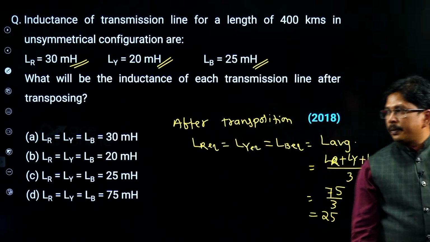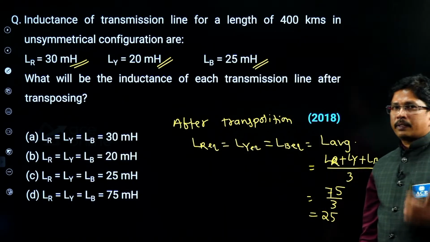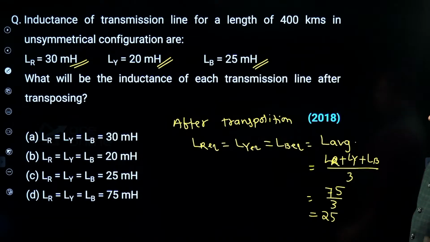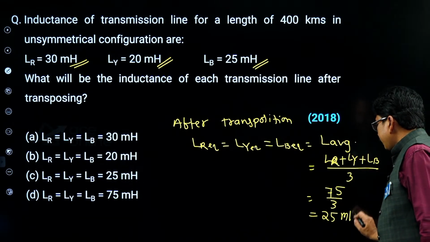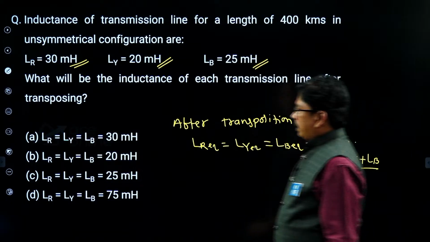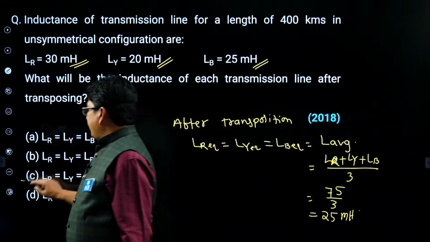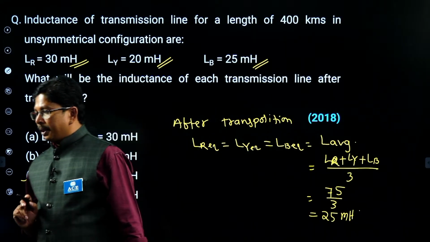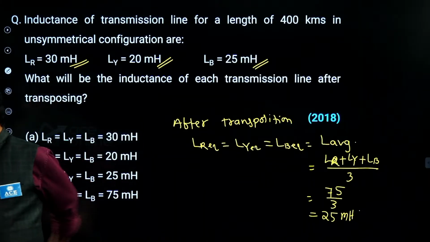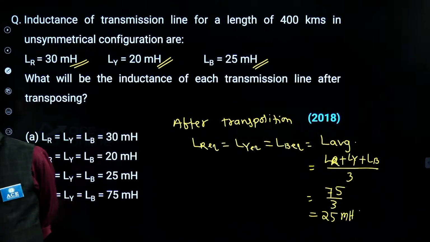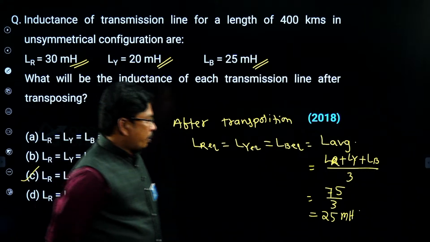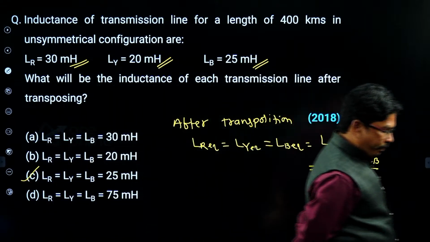Right, students? We are calculating the average inductance after doing the transposition. 25 millihenry. So, the correct answer is how much? Equivalent values after doing the transposition, LR is equivalent to LB is equivalent to 25 millihenry, students.